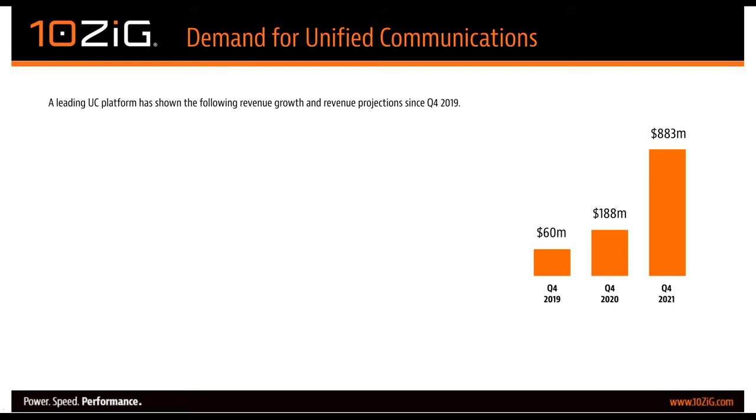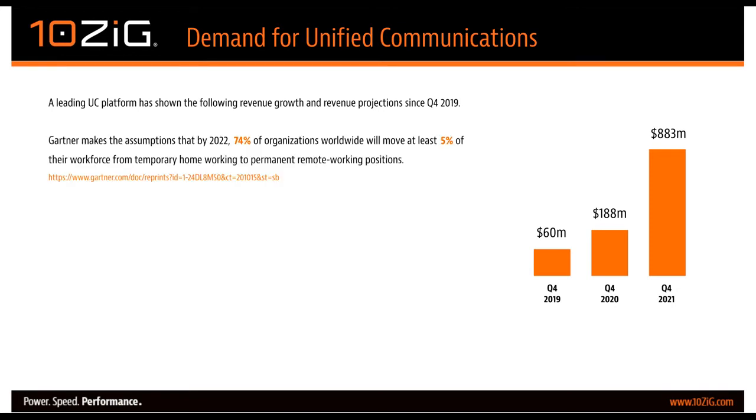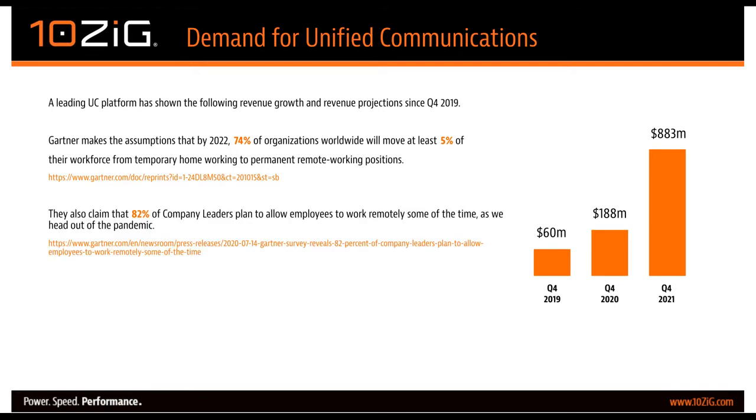And to bring up some further interesting stats here, Gartner firstly make the assumption that by 2022, 74% of organizations will move at least 5% of their workforce from temporary work from home to permanent remote working. However, 82% of company leaders plan to allow their employees to work remotely some of the time as we head out of the pandemic. And this adds to the discussions all around the media that suggest flexible working is the future. And that's great because it gives employees the option of working from home and office.